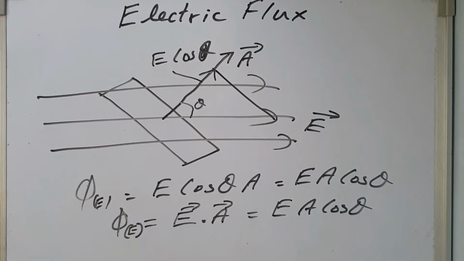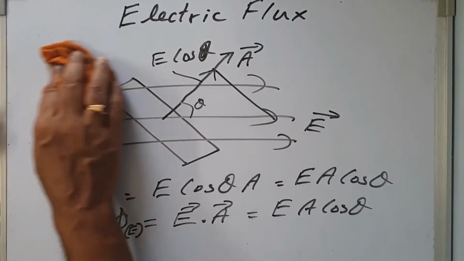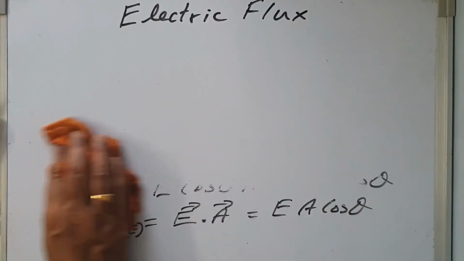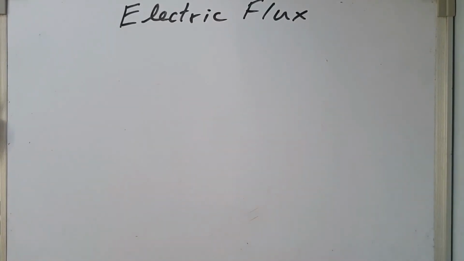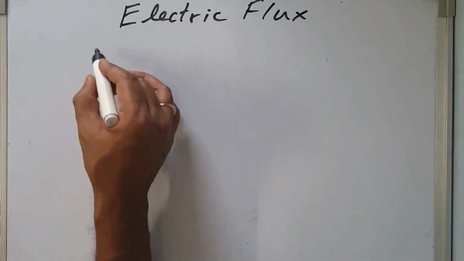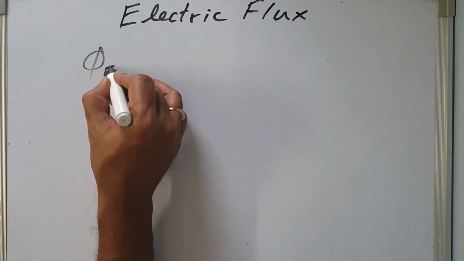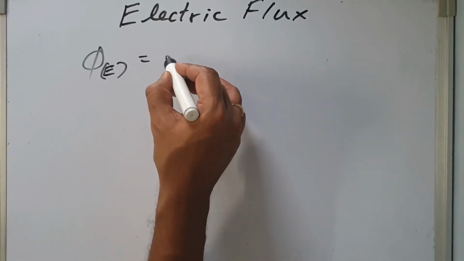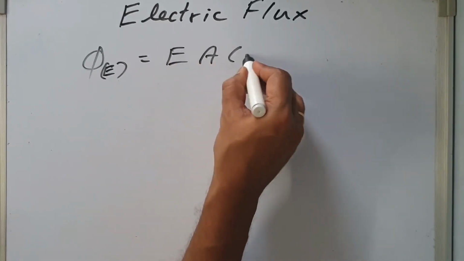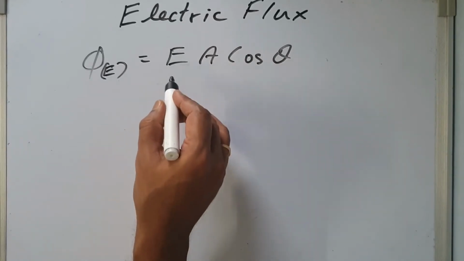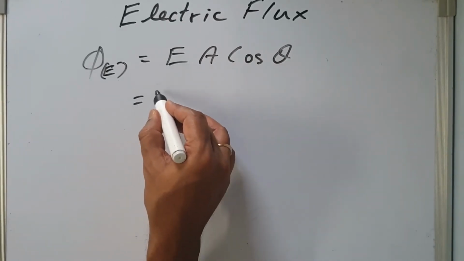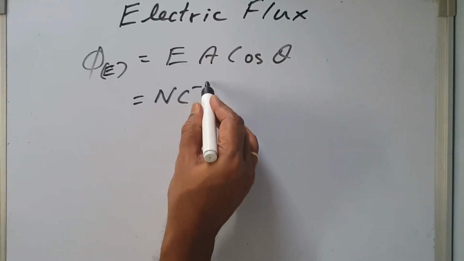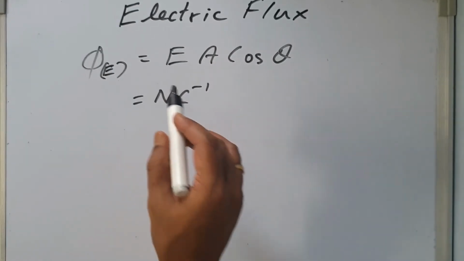Now let us discuss its unit and dimension. Let us find out the SI unit of electric flux. We know that phi subscript E is equal to EA cos theta. What is the unit of E? It is Newton per Coulomb, which we discussed earlier, force acting on unit charge.